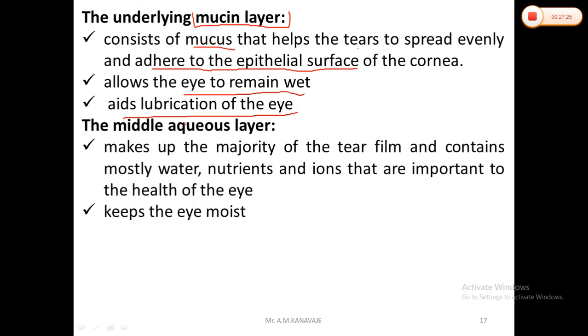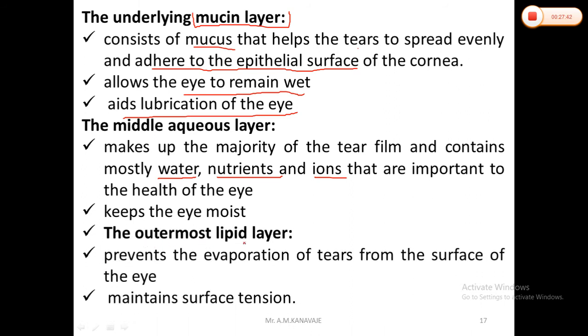Second, the middle aqueous layer, which makes up the majority of the tear film and contains mostly water, nutrients and ions that are important to the health of the eyes and keep the eyes moist.